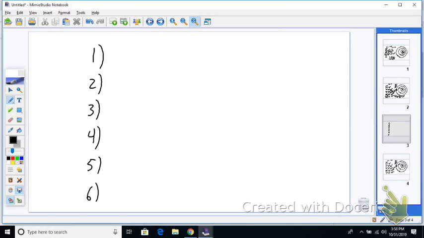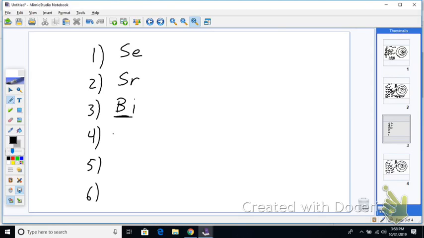So we're going to do selenium, and then next one we'll do strontium. Okay, let's do bismuth. That's going to be the tough one, but you guys can handle it.